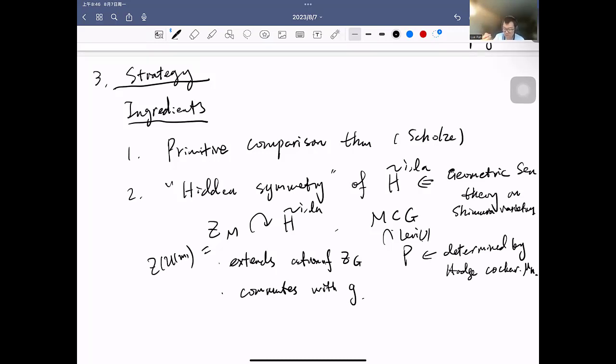Yeah, so this is one important ingredient in the proof. And if you remember, we need some vanishing result for coherent cohomology, and the most powerful one is the Kodaira type vanishing. So we also need some Kodaira vanishing results in this context.